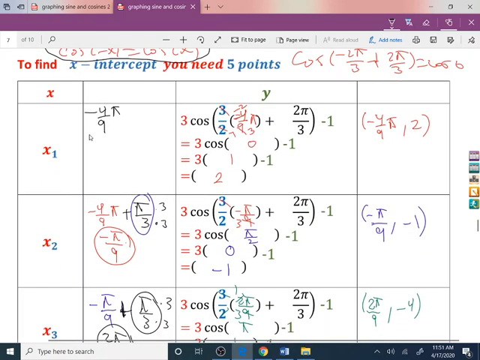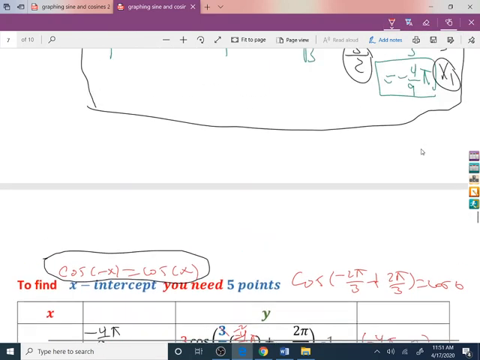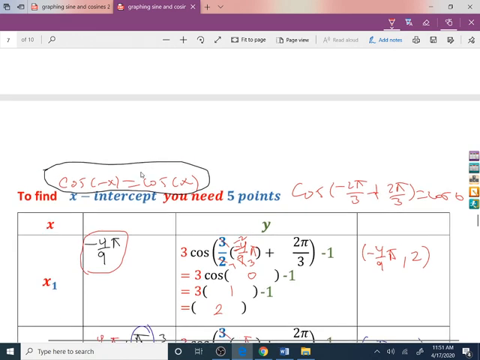Okay, my x1. What is my x1, guys? Negative 4 over 9. As I said here, right? Then what you have to do, you take this x1, you go to the function. I'm going to write the function here again. Y equals 3 cosine 3 over 2 x.